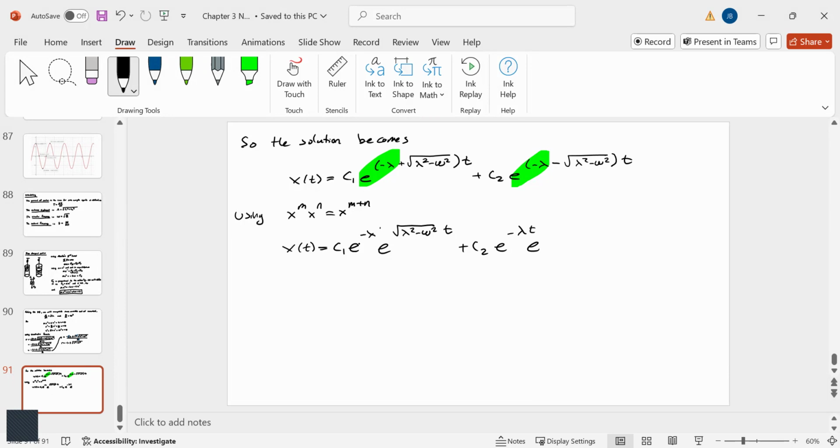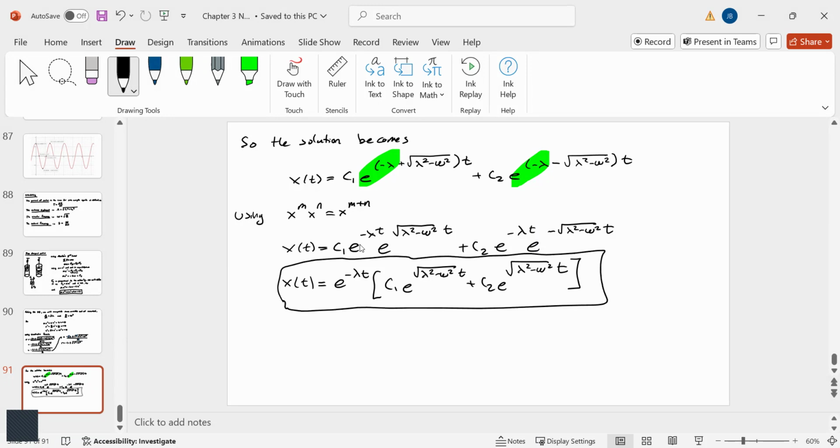Oh, can't forget the t. Forgot the t right there because it's being distributed. And then e to the negative square root of lambda squared minus omega squared t. And then you can factor them all out. And this is the final solution.